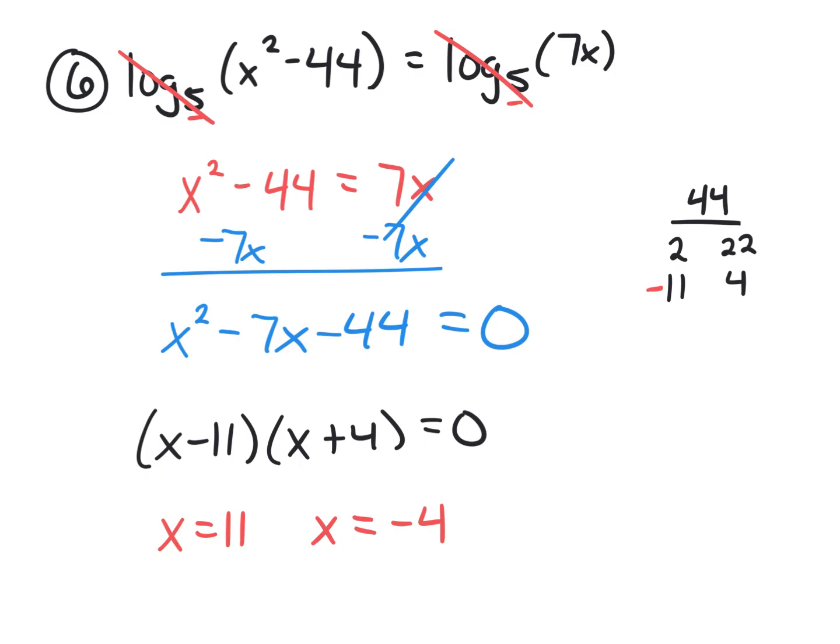If this was a -7 on the inside, and I plugged in -4, would that work? Yes. Why? Because it turns into a positive. If I plugged in 11, would that work? No, because that would give us a negative. So what I wanted to clarify is that just because this is a negative, that's not why it doesn't work. But in the cases we've seen, that's just what's happened. So our answer on this one is x equals 11.